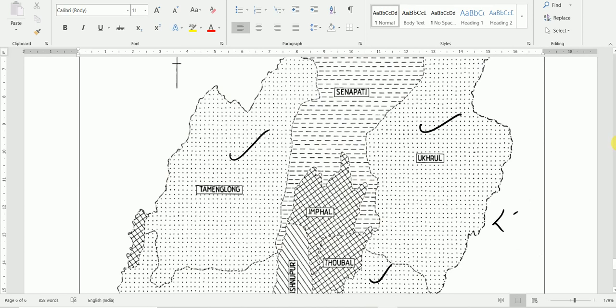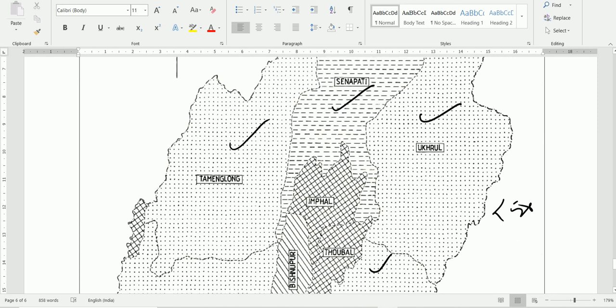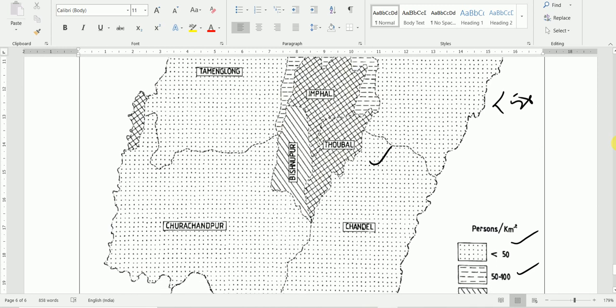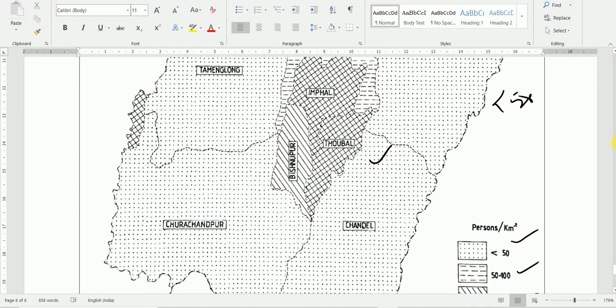So less than 50. Then comes Senapati, then another setting. Up to Senapati is okay. Then Churachandpur, we have to change it. This district we have to change, and others just see and change it.